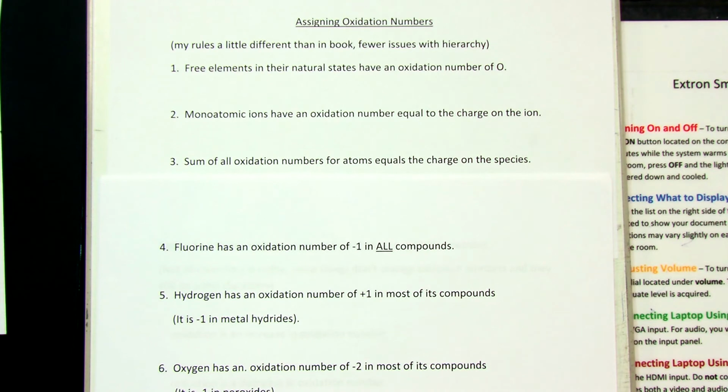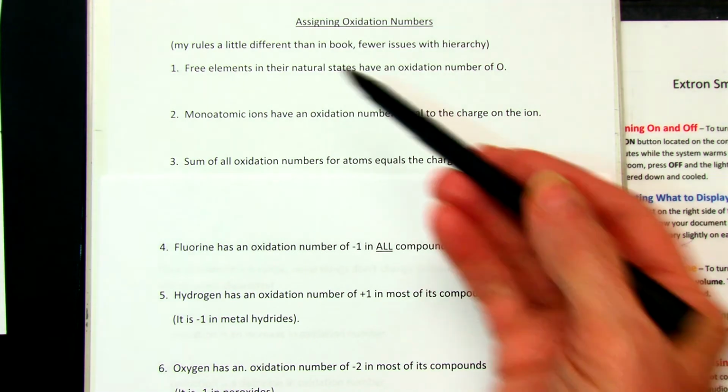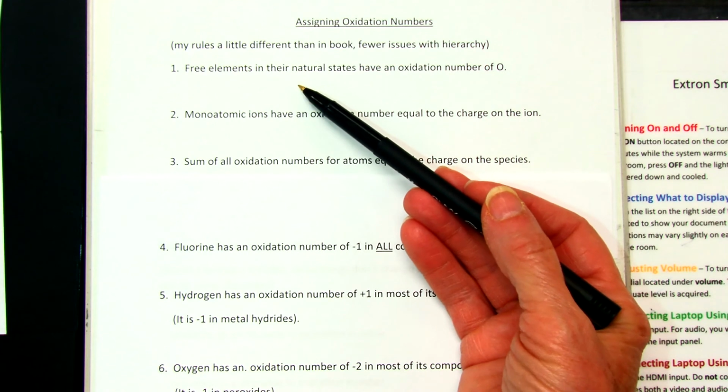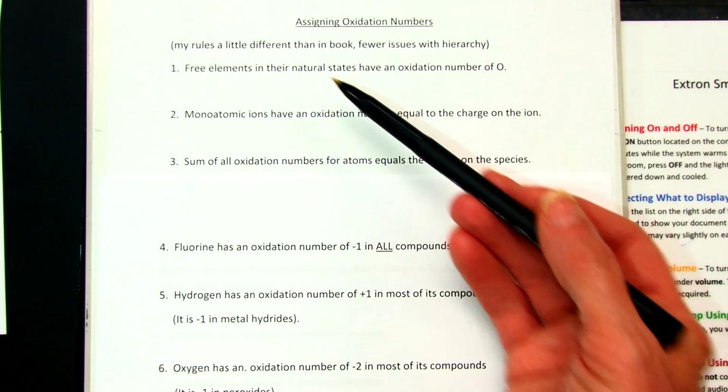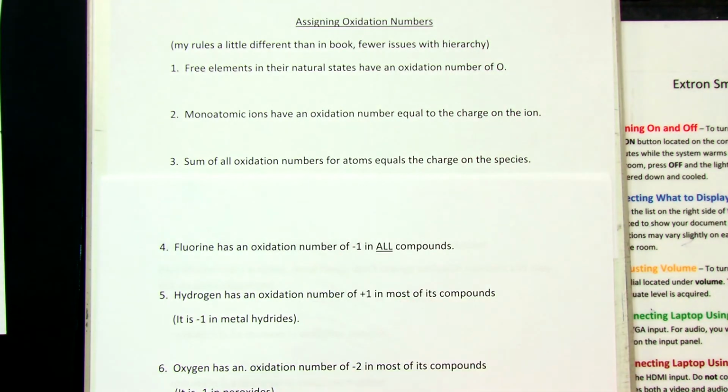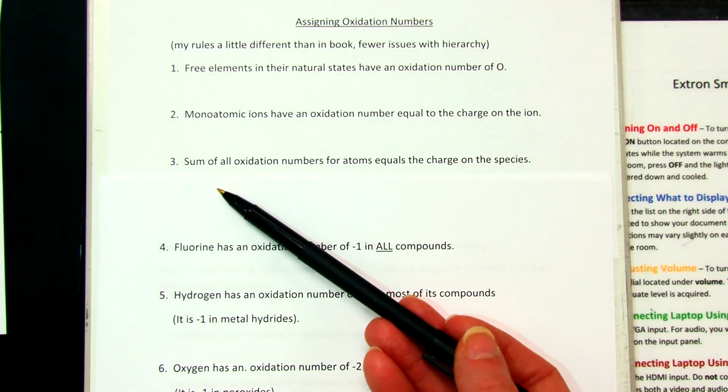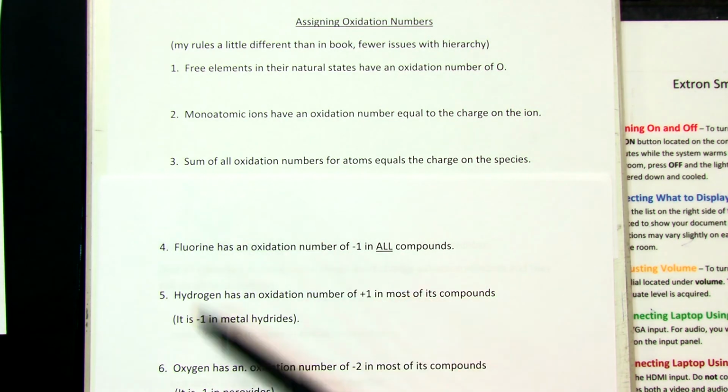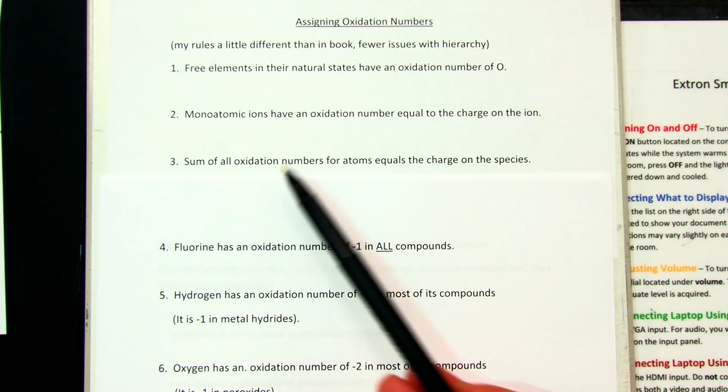You must follow these rules in the order in which they're listed, and the ones at the top go into play first, and then you assign as you go down. And if you get down here and this rule contradicts something that's up there, that's okay. You just go with what was up here first.